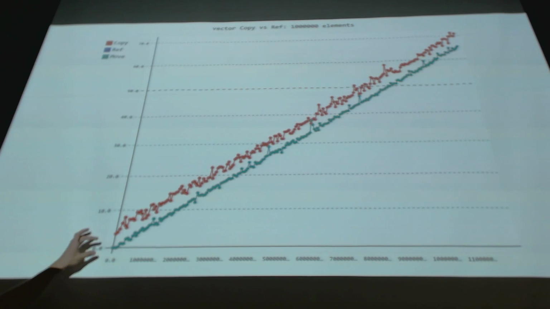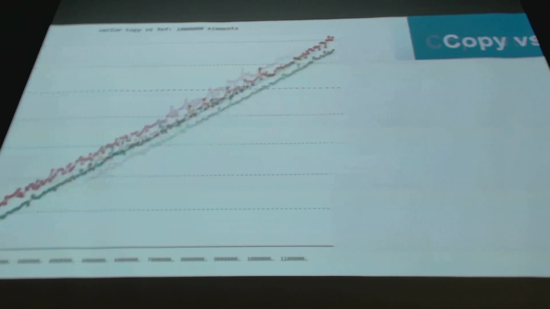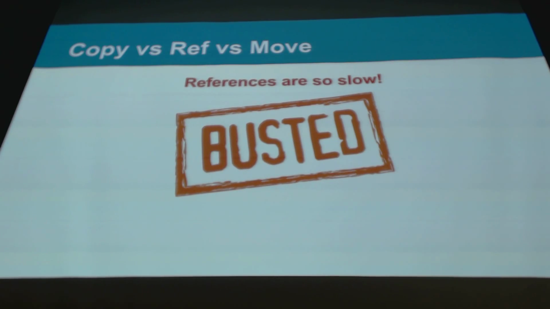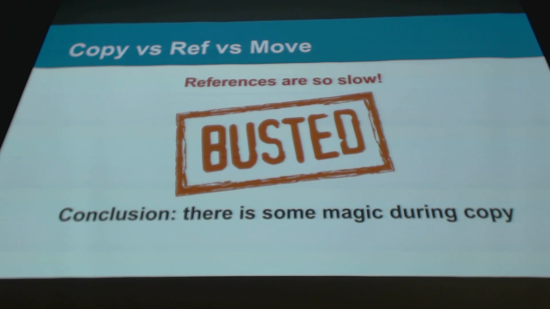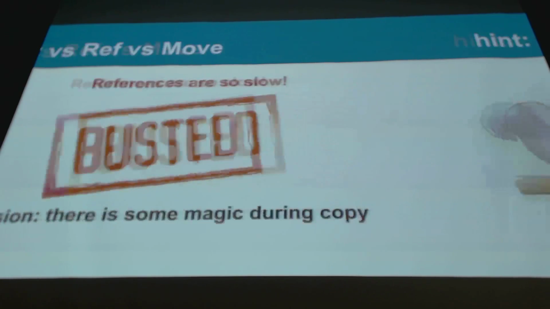I just had to pay this for a copy, right? So references are not slow. This is not true. Something weird is happening, right? Some magic is happening during copy, and I have hints.